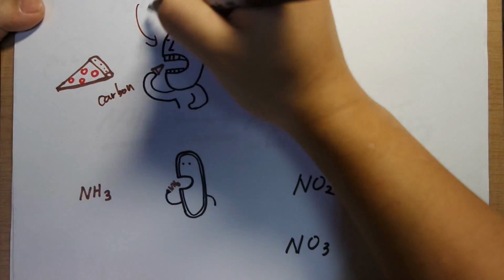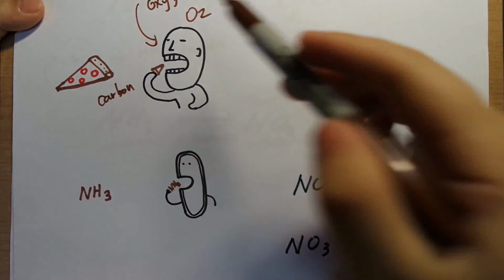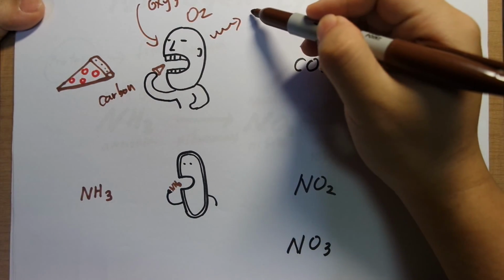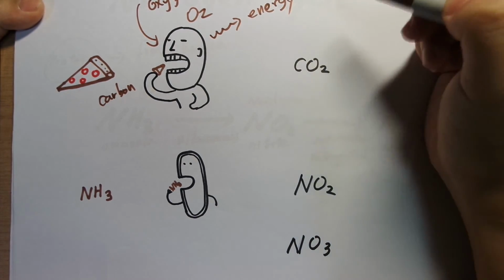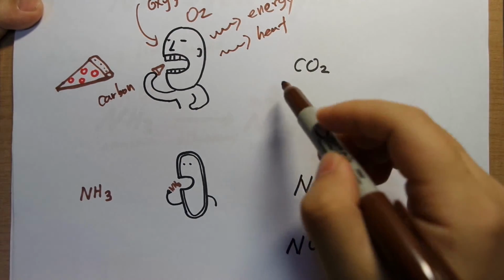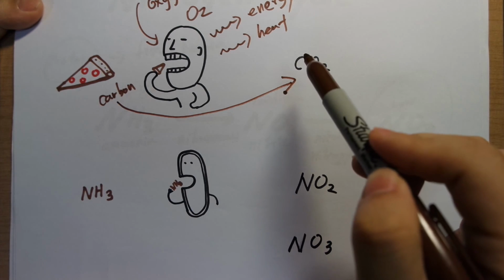And we breathe oxygen, O2, and this oxygen and carbon is combined, and we use this to power our metabolism. So we get energy, and some is lost as heat. And this carbon ends up as CO2. So that is what humans do.